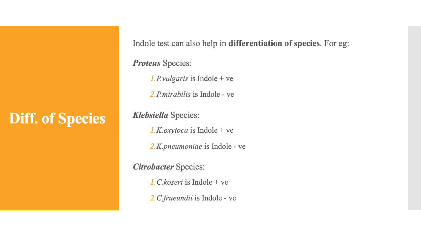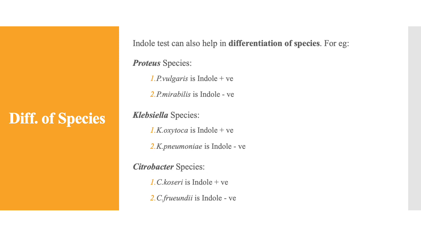This indole production test is very helpful in the differentiation of species among the genera. For example, in the genus Proteus, it is helpful in differentiation of Proteus vulgaris from Proteus mirabilis. Both the species are clinically important. Here, Proteus vulgaris gives indole production test positive, whereas Proteus mirabilis gives indole test negative.